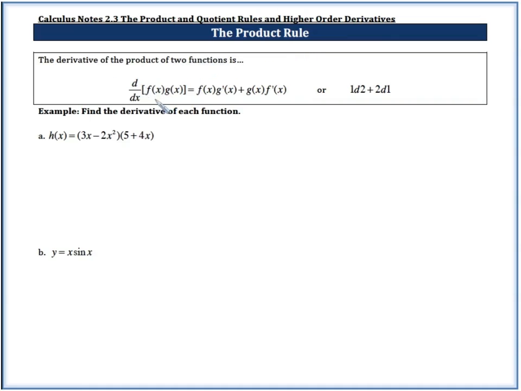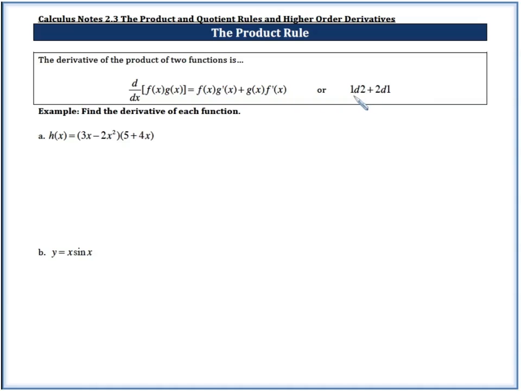So if we have two functions that are multiplied together, just like this, f of x times g of x, we can find the derivative using this rule. Look closely: it's the first function, f of x, times the second function's derivative, g prime of x, plus the second function, g of x, times the first function's derivative, f prime of x.